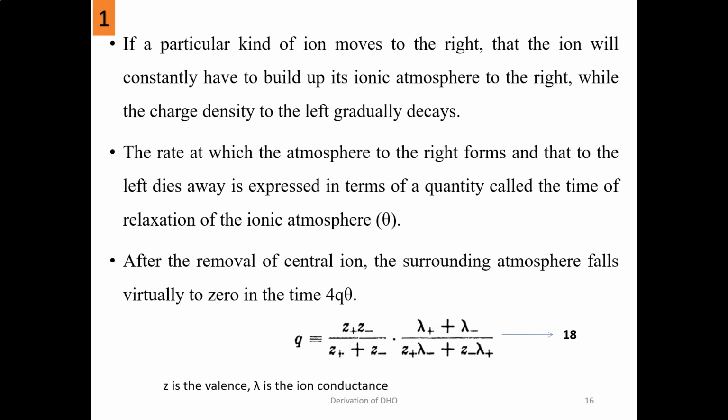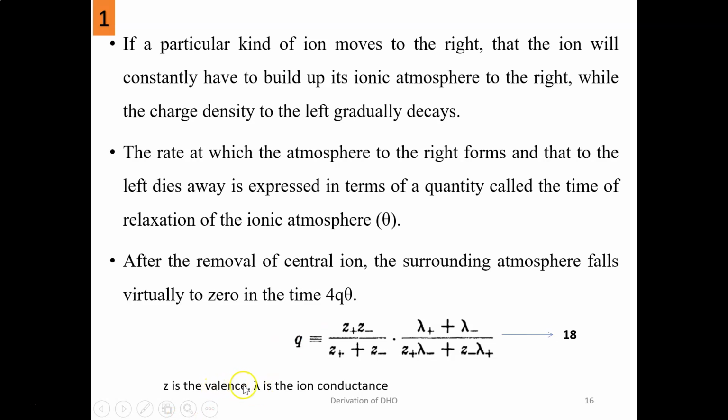But actually it was found that after removal of the central ion, the surrounding atmosphere falls virtually to zero at the time 4qθ. Within this time, the ionic atmosphere falls to virtually zero, and this q is given as z+ z- divided by (z+ + z-), multiplied by λ+ λ- divided by (z+ λ- + z- λ+).